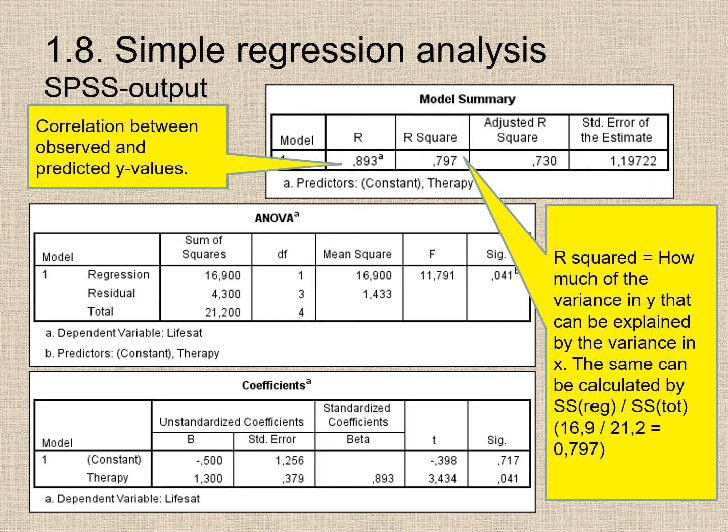Standard error, we already calculated that. What did that stand for again? The standard error of 0.38 here for the regression coefficient. What does it stand for? What is it an estimation of? The standard error.